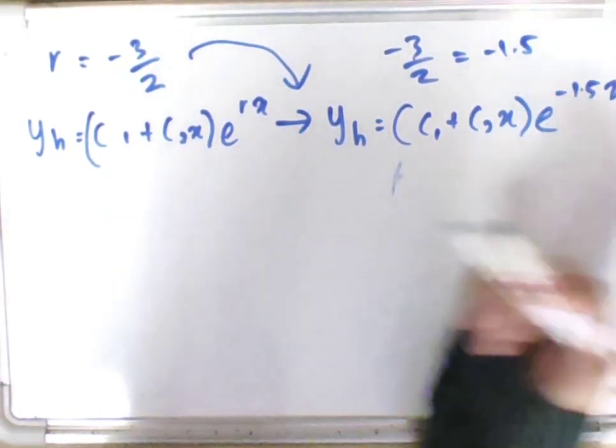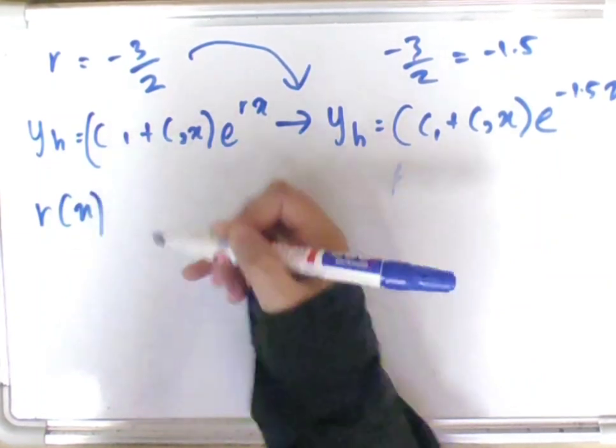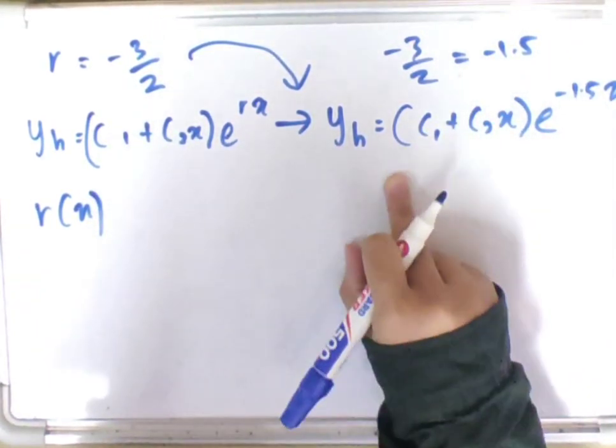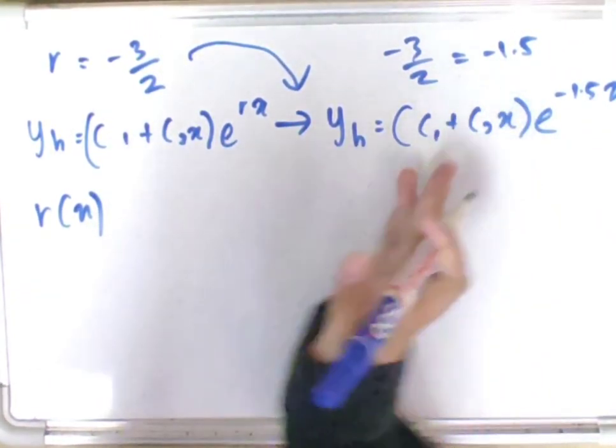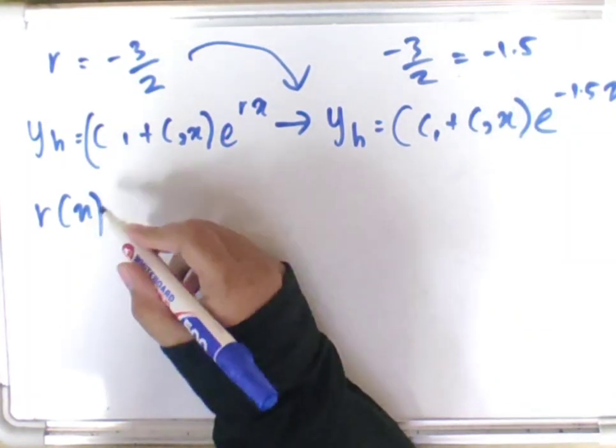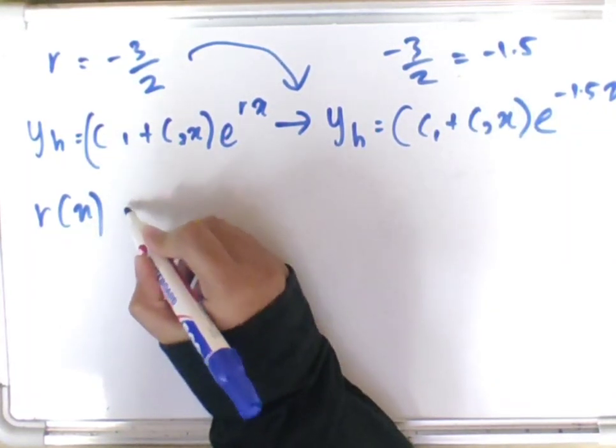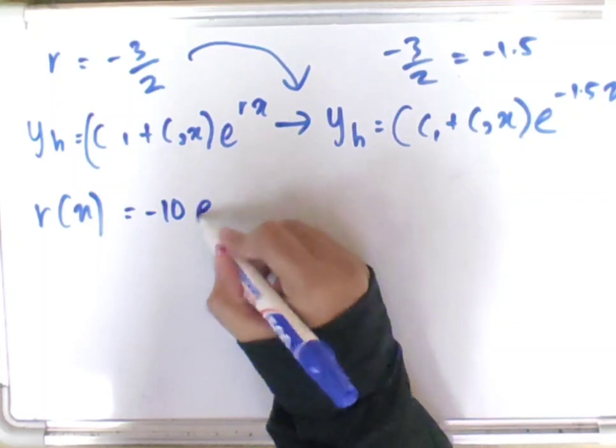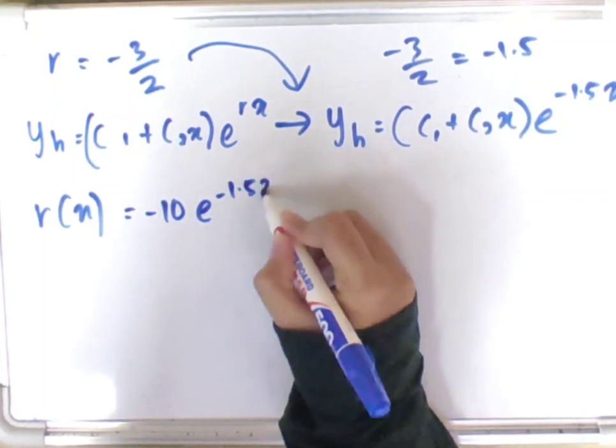Now that we've found y h, back to R(x), which is negative 10 e to the negative 1.5x.